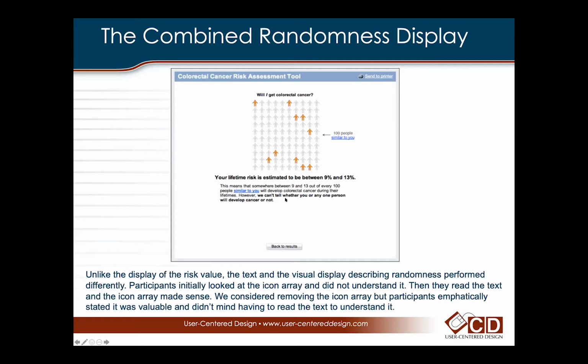And if we showed the visual without the text, they didn't understand the visual. But if we put the two together, everything made sense to them. So this was the output that we had for showing cancer risk as the uncertainty, the randomness that's associated with any kind of risk prediction.